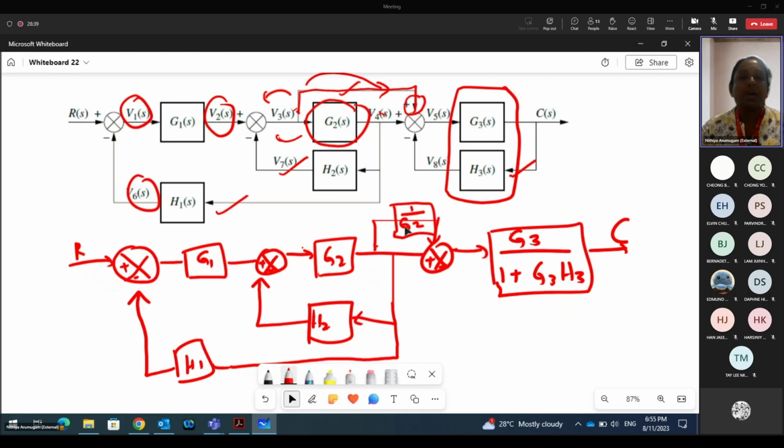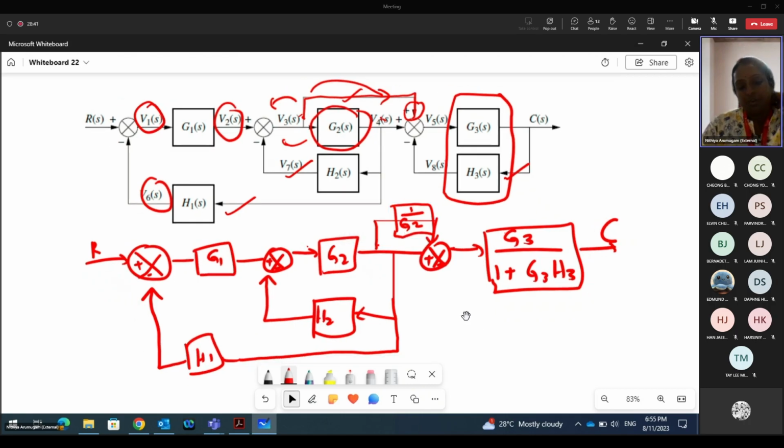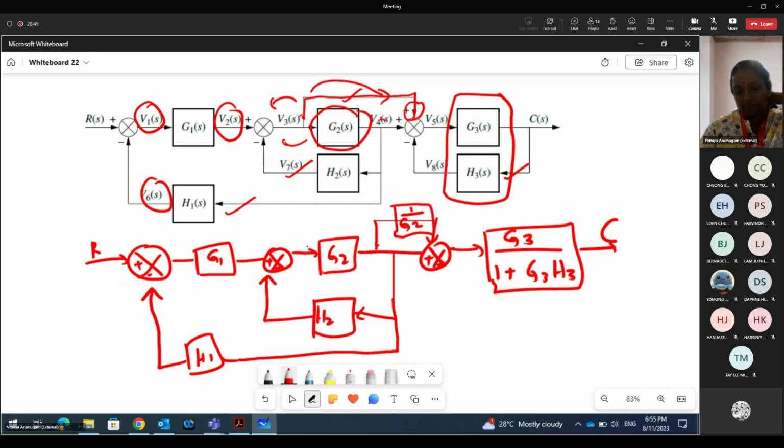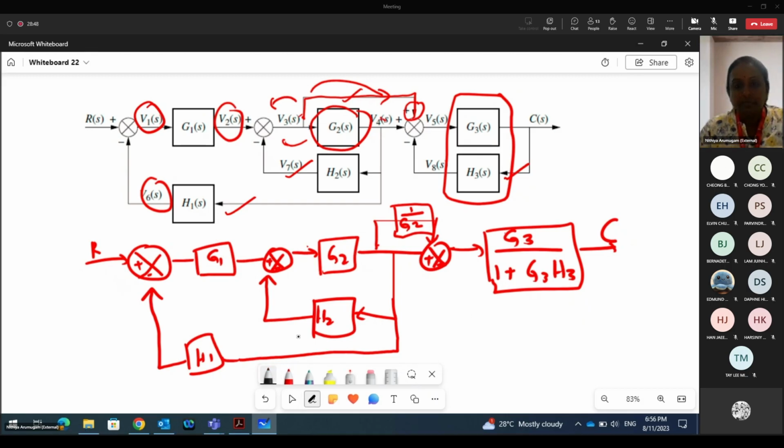All right. So what we're going to do now, we're going to simplify this, and then we're going to keep the G1, going to bring the G1 back and this loop behind.